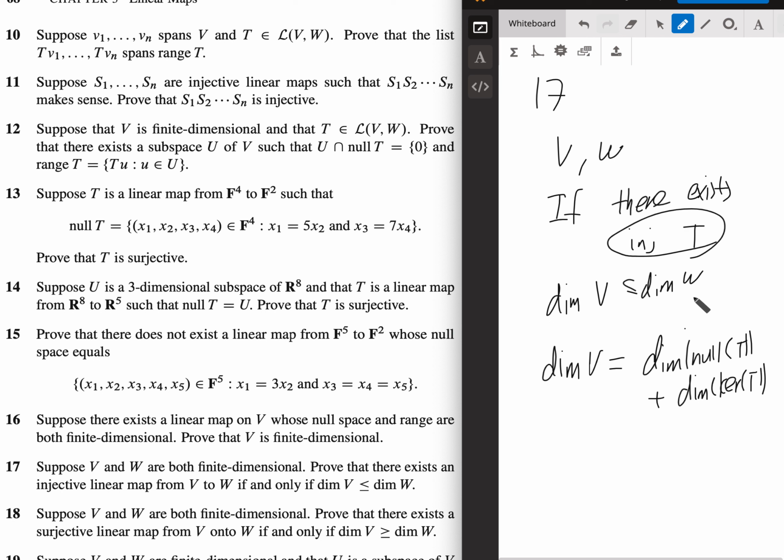And since the map is injective, the null space is 0. Some people sometimes forget this fact. If it's injective, then the null space is 0, because otherwise you have two things mapped to 0, and then you're not injective, right? So the null space can only have one element in it. If you had more elements, the dimension would not be 0.